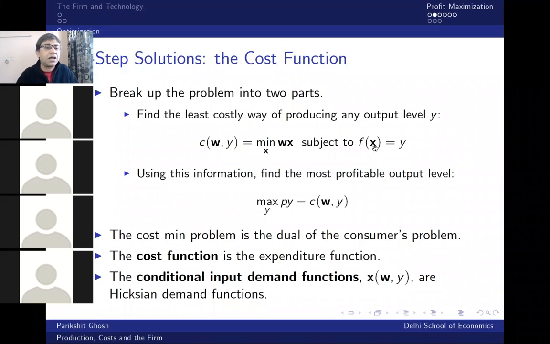We flip them around and change minimum to maximum and maximum to minimum, etc. So the dual of this problem of cost minimization is output maximization for a given budget. For some reason, the firm has a fixed amount of money it can use to purchase inputs, and it spends that money to maximize output. That is the dual of the problem. It's output maximization for a given budget. It's not profit maximization.